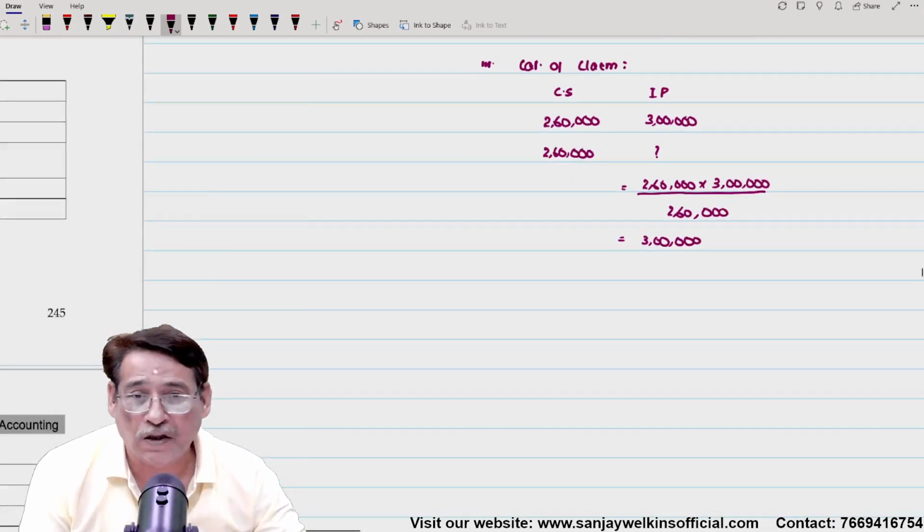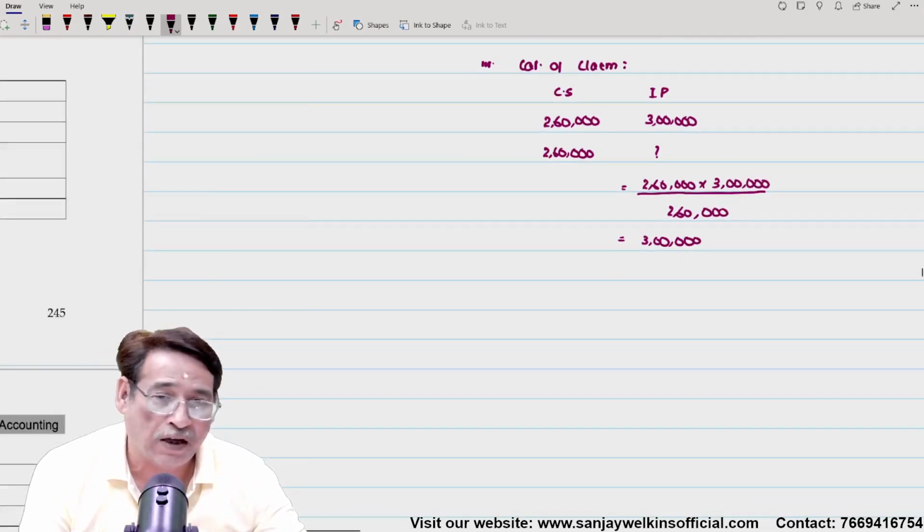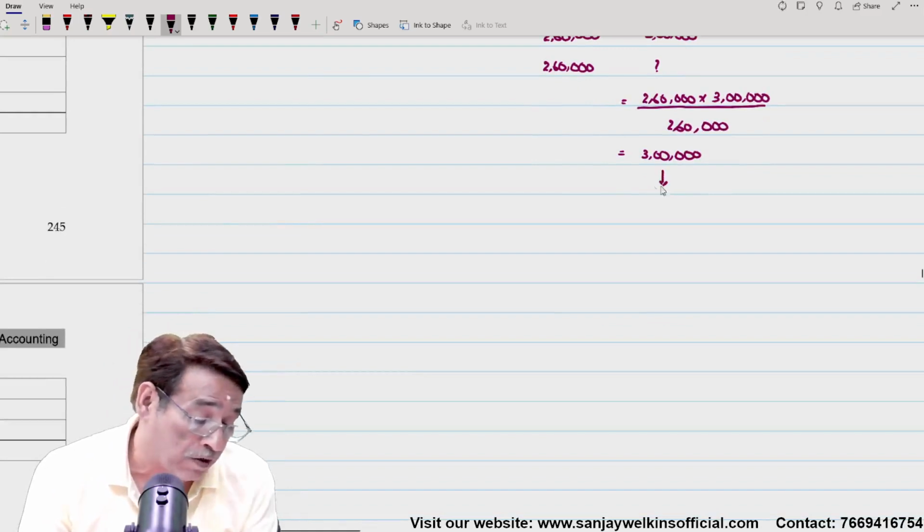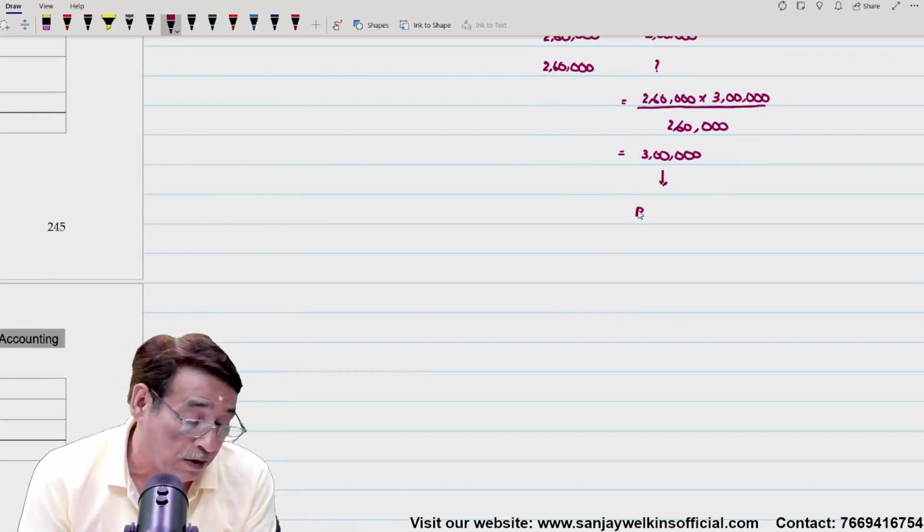Logically, my loss is 2,60,000, so the insurance company can never give me 3 lakh rupees. So this claim will be restricted to 2,60,000 because the claim amount can never exceed the loss of stock.